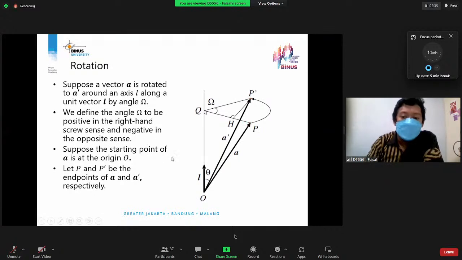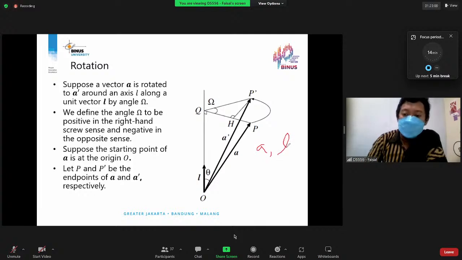So the assumption is we have three things: the vector, a line, and an angle omega.